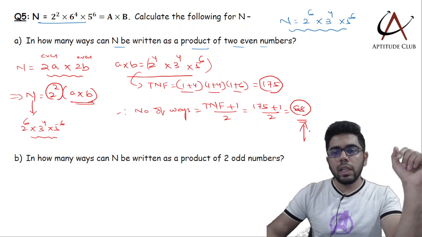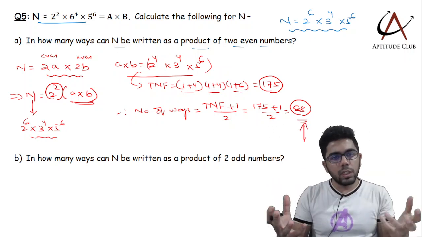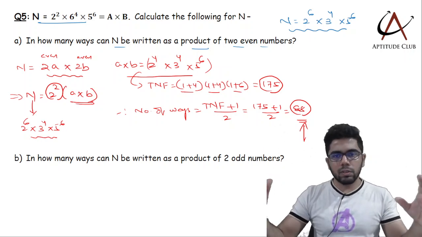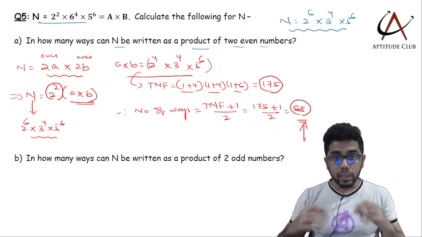So in 88 ways I can write a into b product of two numbers, and 2a 2b automatically क्योंकि 2 वापस आके मल्टीप्लाई होगा वो सारे ways में, and I can guarantee that it's a product of two even numbers. This is the approach.